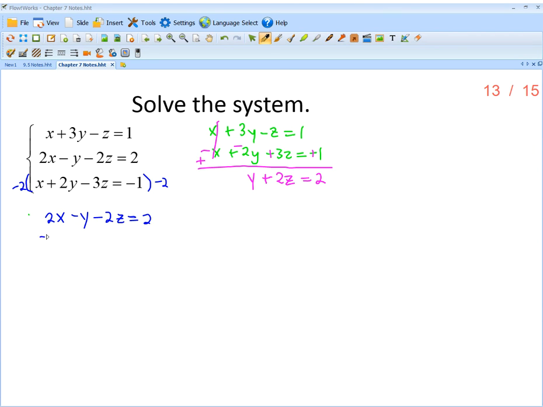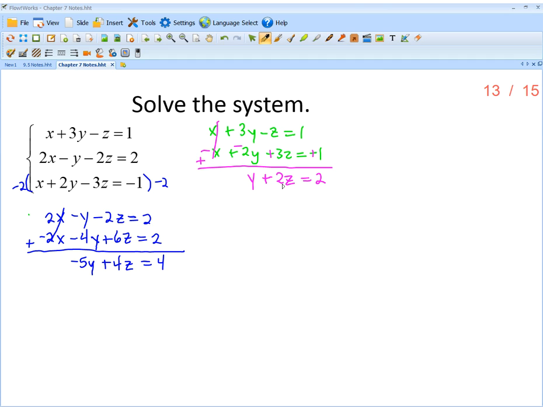And then I'm going to multiply the other one by negative 2, and I get negative 2x minus 4y plus 6z is equal to positive 2. So when I add these two equations, I'm going to get negative 5y plus 4z is equal to 4.